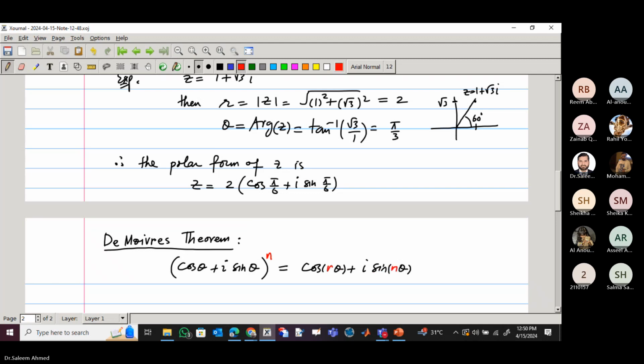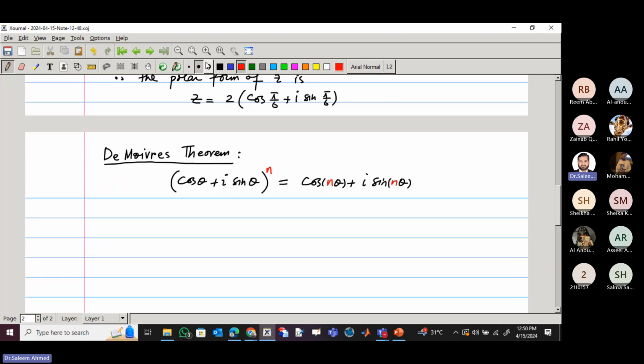Otherwise, it's very difficult to take the power of a complex number. For example, let's say I have cos theta plus iota sine theta to the power 2. Then I have to take a square plus b square plus 2ab, right?